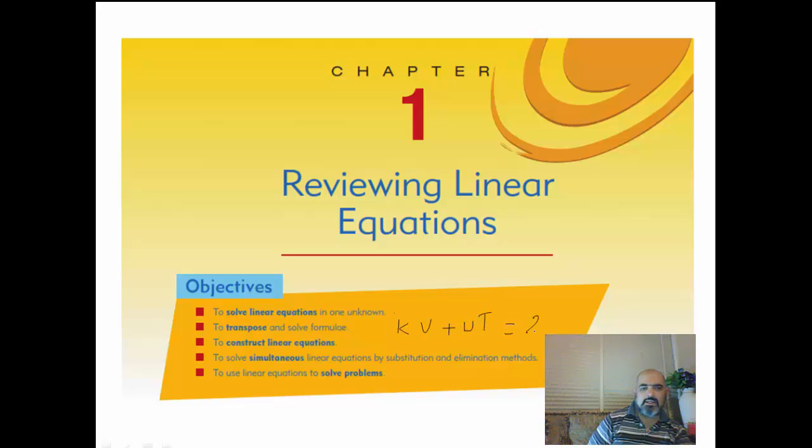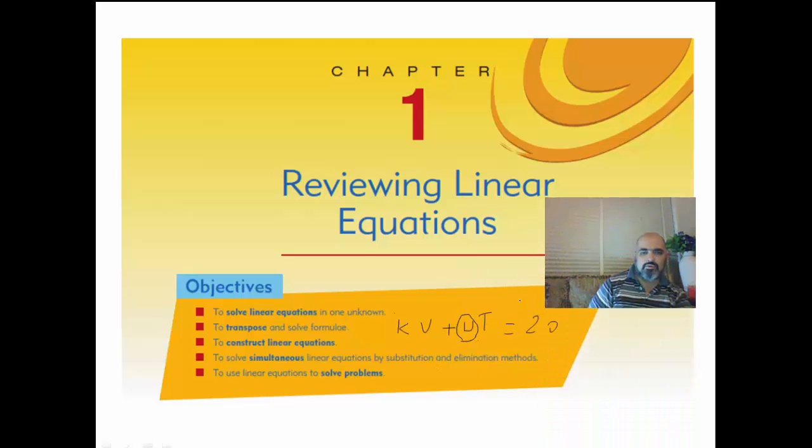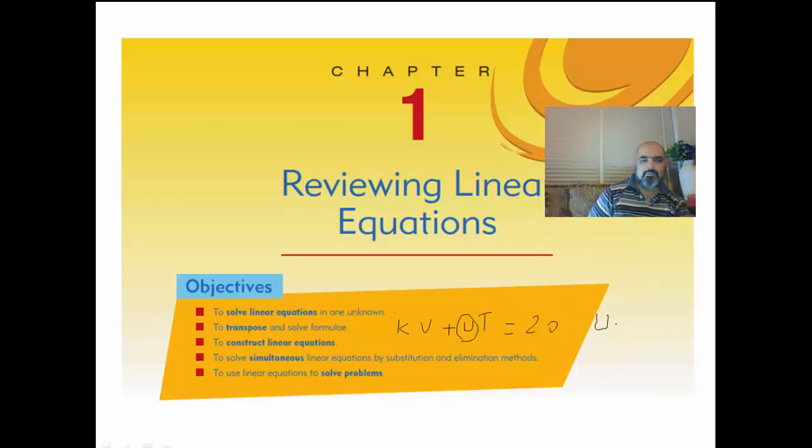All right. So they say we want you to transpose it to make the u here the subject. So you want to end up with u equals whatever. And that would be actually 20 minus KV over T.